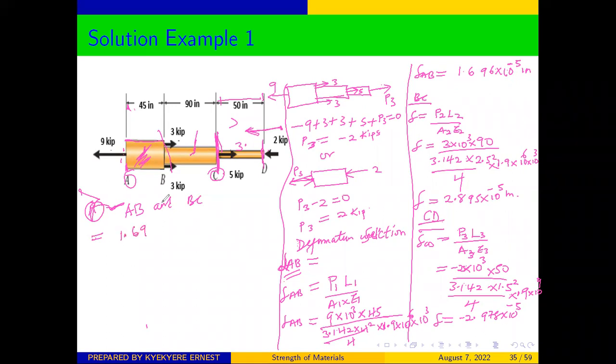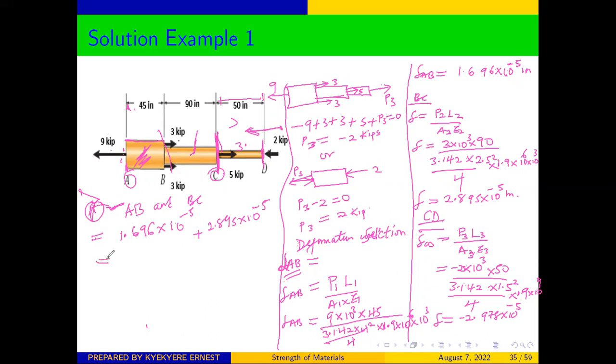So the deflection of point C will be equal to 1.696 times 10 to the power -5 plus the deflection of BC, which is 2.895 times 10 to the power -5.